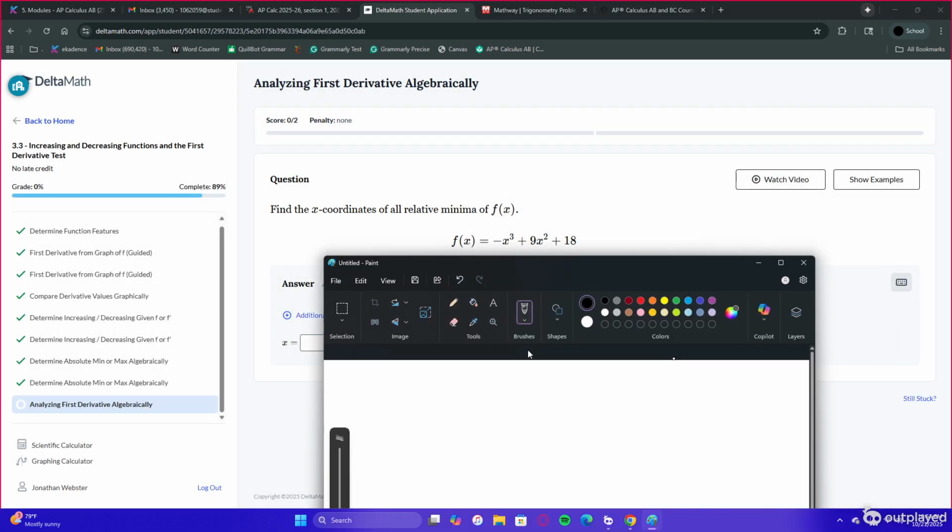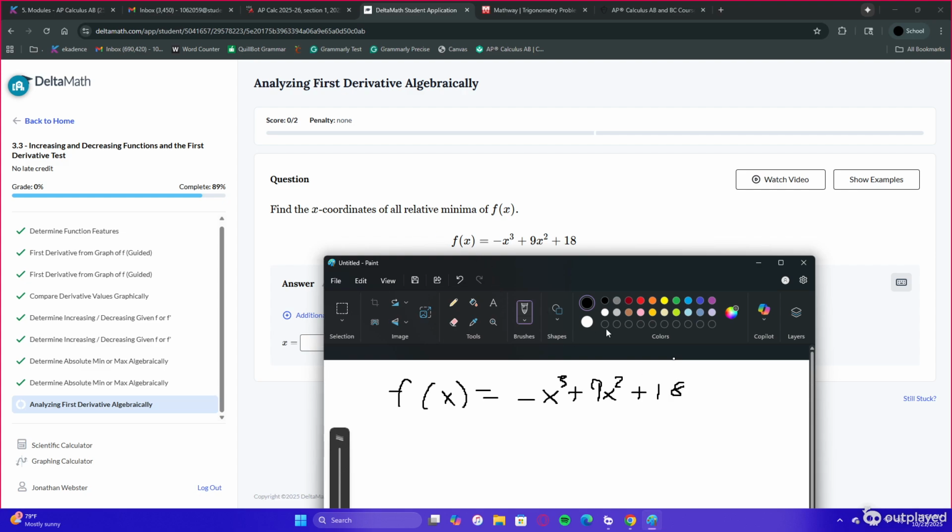Okay, now we are given a function f of x, and we have to determine stuff like its relative min or relative max, or where it's increasing or decreasing using the first derivative. So we're given f of x equals negative x to the third plus 9x squared plus 18.